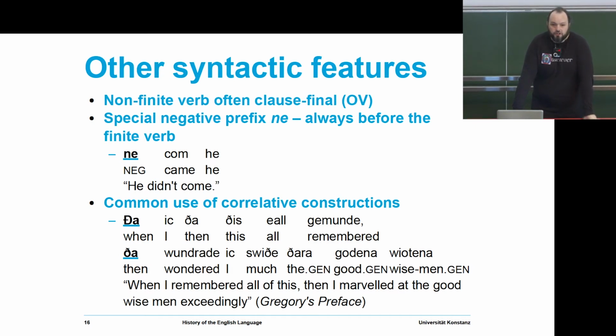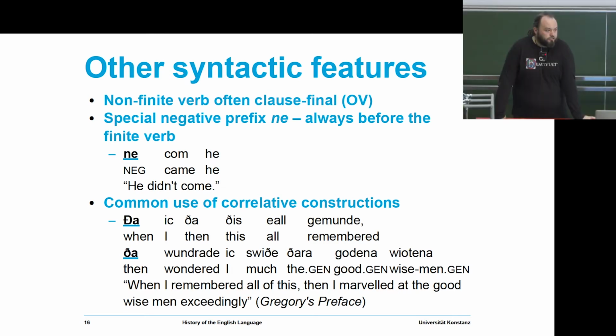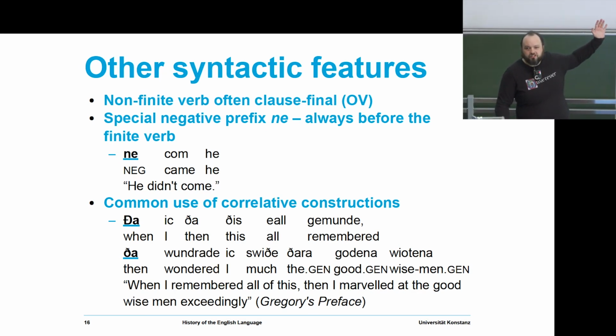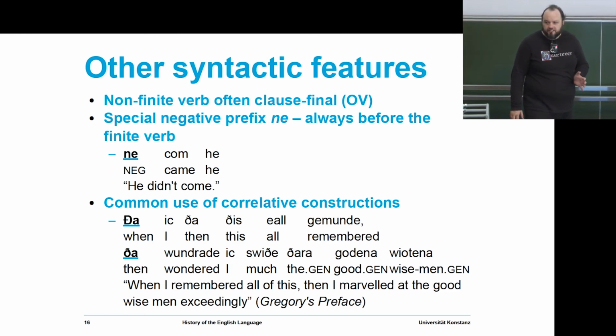And this is very common, not just with tha. So we also see thon, blah, blah, blah, thon, blah, blah, blah. Again, meaning when, then. Or nu, now that, now. So the question is, was something like this really used in normal Old English speech? Or is it just something that we find as a literary device in texts?